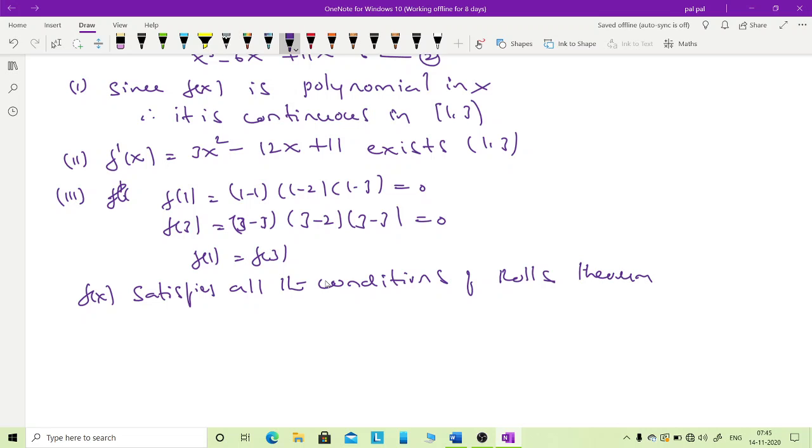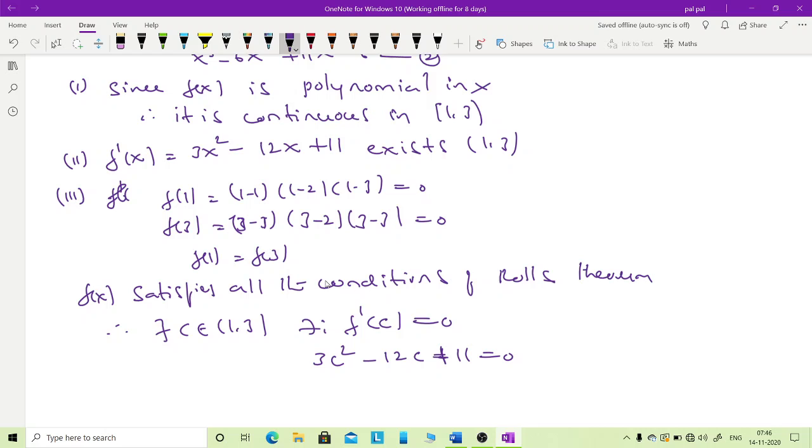So therefore there exists c belonging to 1, 3 such that f dash of c is 0. We know f dash of x, so use it to write f dash of c: 3c square minus 12c plus 11 is equal to 0.